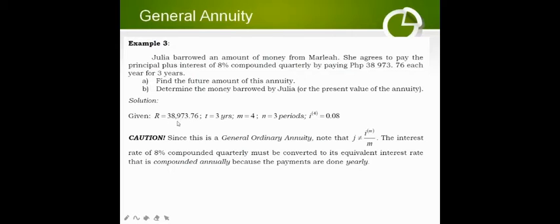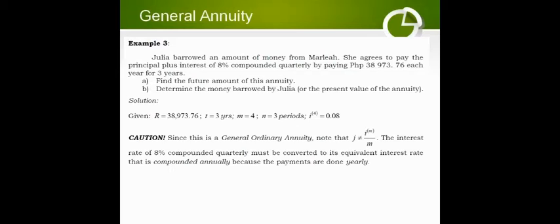38,973.76. That is the regular payment. So the time is 3 years. So m is 4, kasi quarterly, no? So the m here is 4. That is quarterly. So in a year, there are 4 quarters. And the n is equivalent to 3 periods.